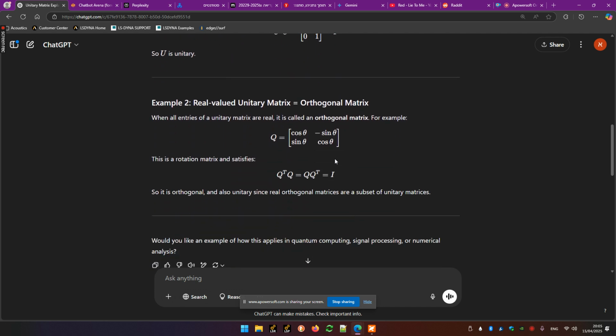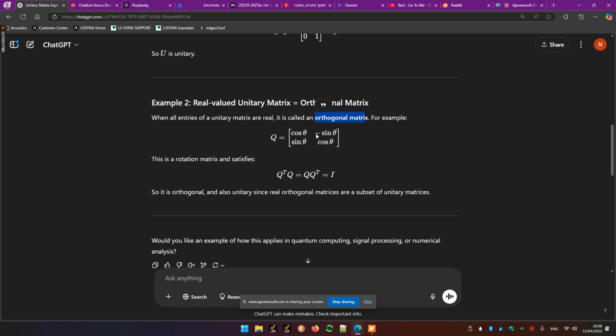This is another type of orthogonal matrix. Now we're talking about the field of the real numbers. We're talking about orthogonal matrices, and usually those are the rotation matrices.